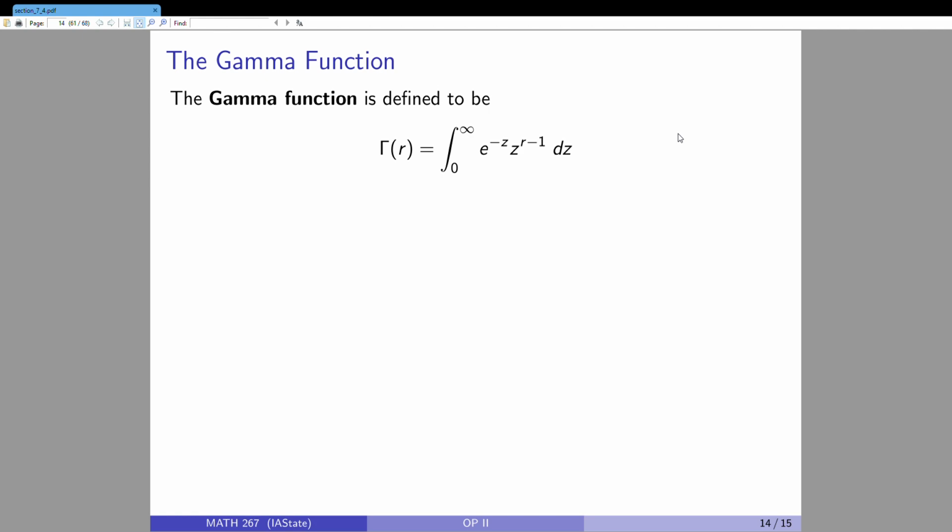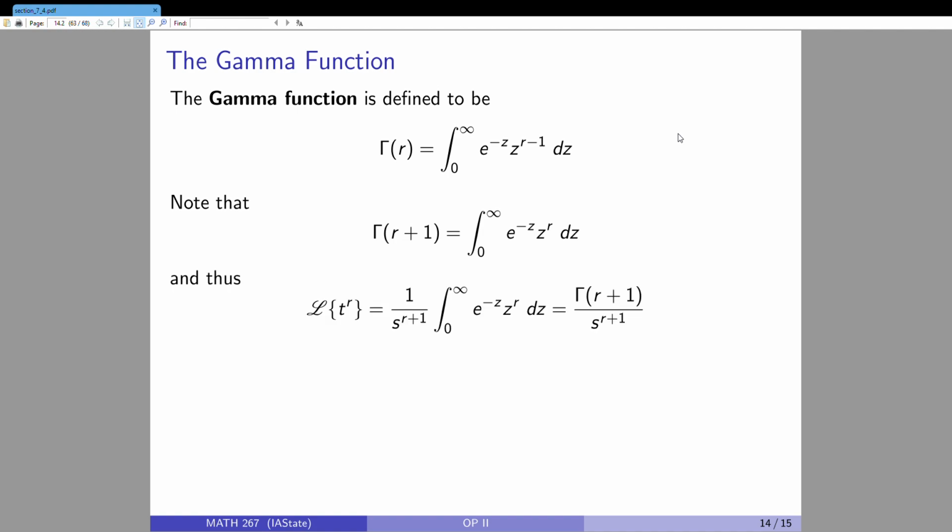Historically speaking, the Bernoullis cooked this thing up. Legendre is the one who gave it the gamma symbol, and of course, has all the good things in mathematics. Euler is the one who really pushed this thing to the edge. Note that gamma of r plus 1 is actually that integral we just saw, so I now have a new exciting formula.